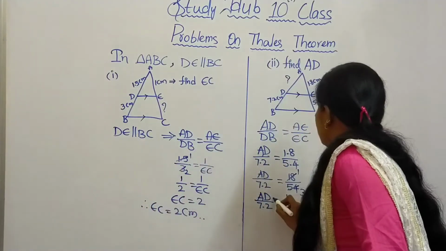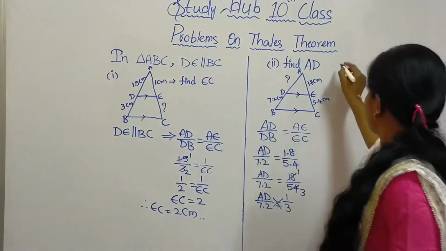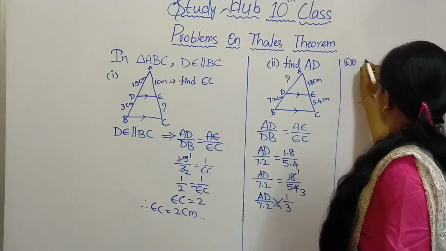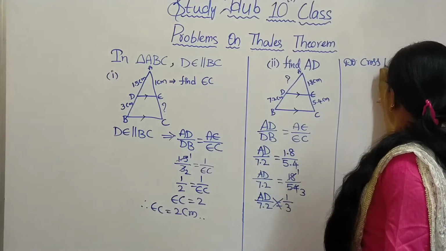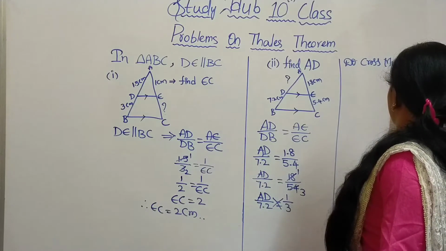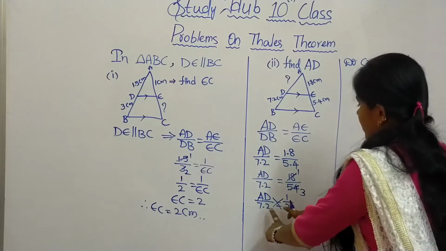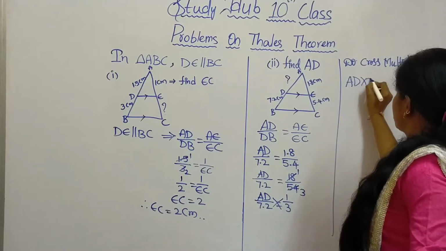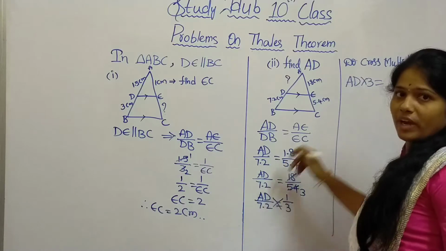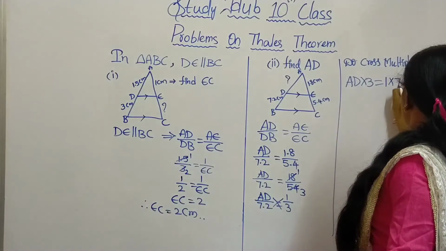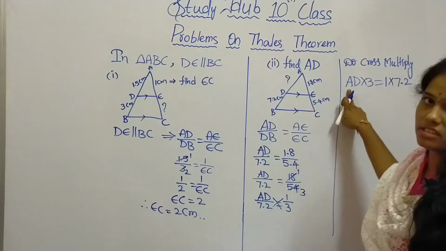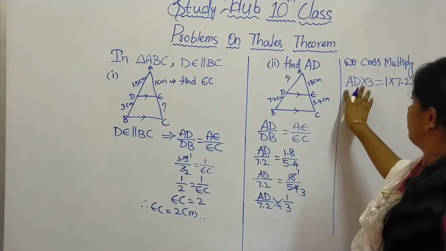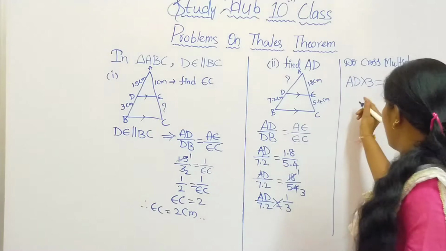Now go for the cross multiplication. Then AD into 3 is equal to 1 into 7.2. Here AD is like a variable part and 3 is a constant, so this multiplication will be as it is.